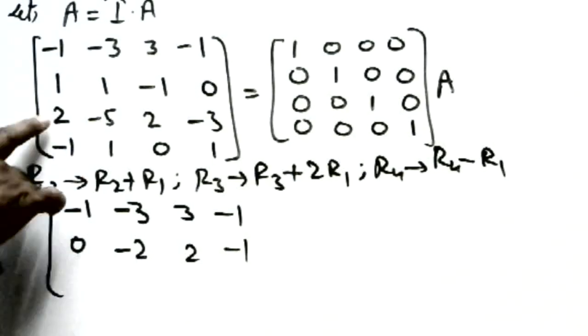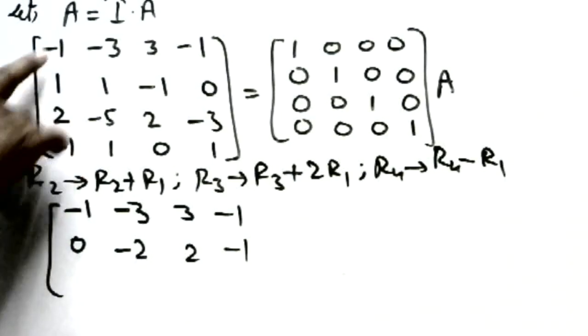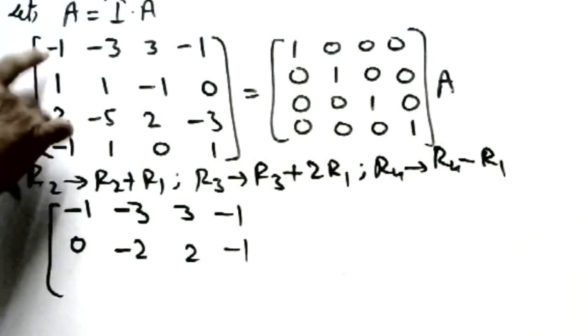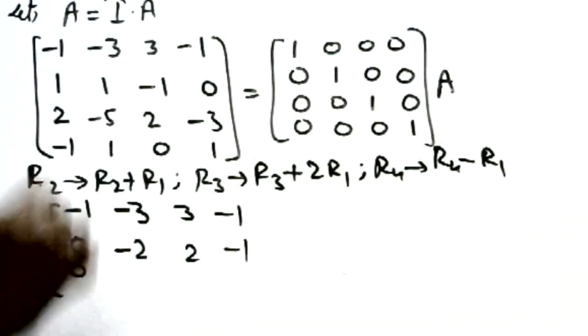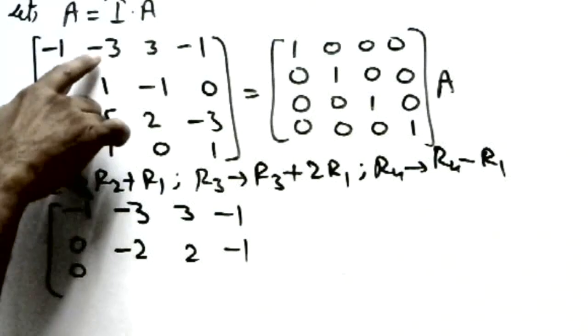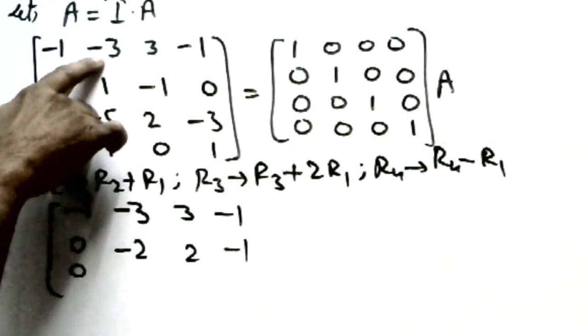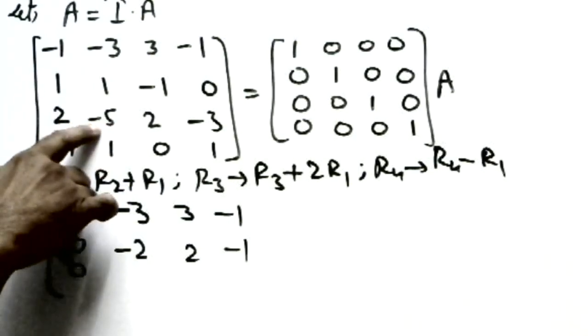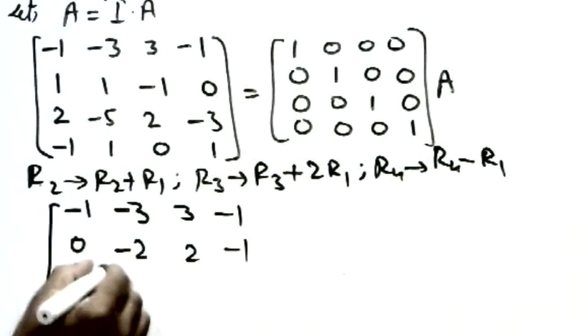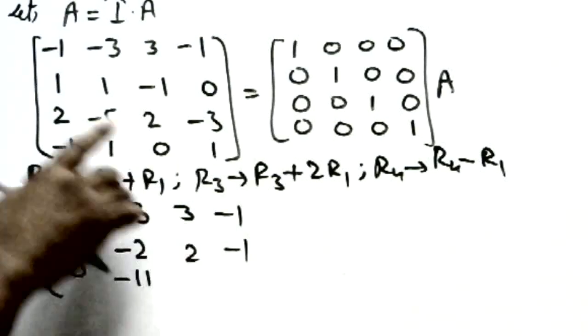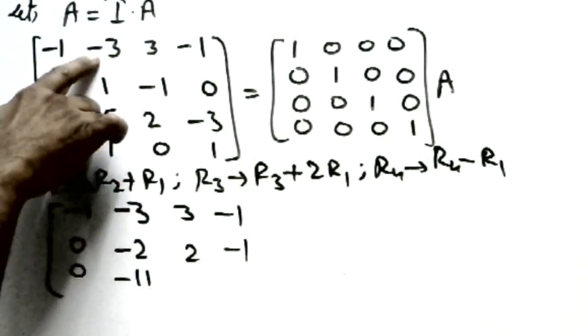Now R2 is finished. R3 implies R3 plus 2R1. R3 plus into minus, minus 2, 2 minus 2 is 0. R3 plus 2R1, 2 into minus 3 is minus 6, minus 6 minus 2 is minus 5, sorry, it will be minus 11.